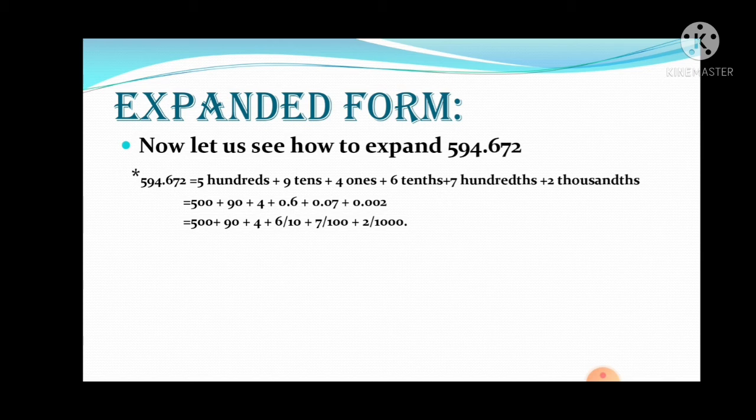After the point, we count how many digits there are and keep that many zeros in the denominator. For 0.6 there is only one digit, so we write 10 in the denominator. Next, 7 by 100, because there are two digits after the point, so we write two zeros in the denominator. And plus 2 by 1000. Is it clear to all?